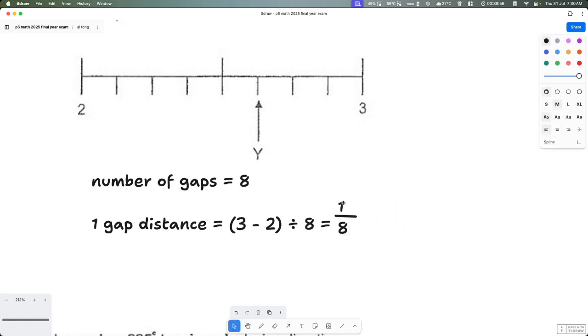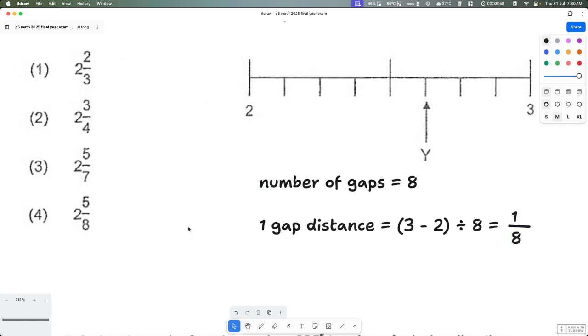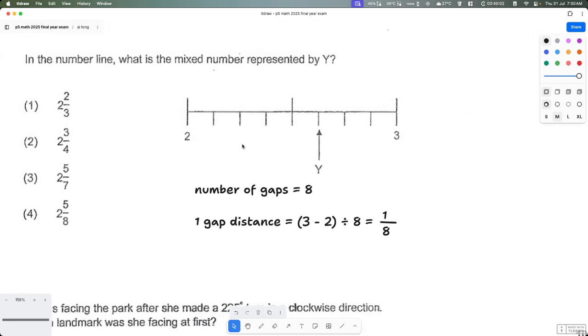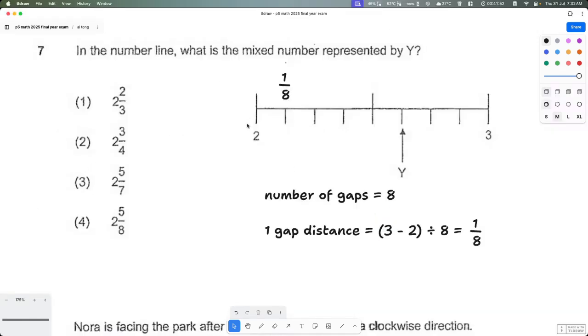The gap distance is just 1 over 8. Then the midpoint to this is actually 4 over 8. So that means for y, this will be 5 over 8.